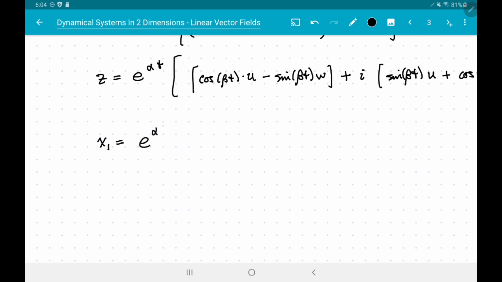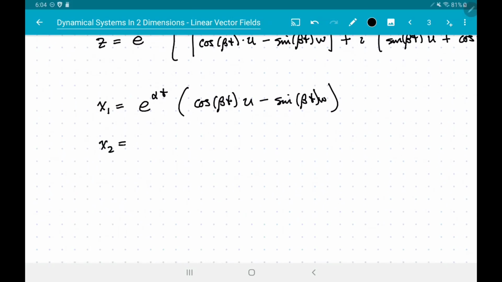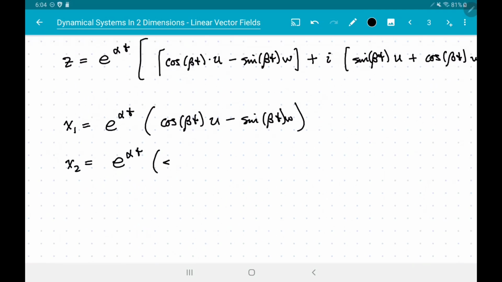So let me write this: e to the alpha t times cosine beta t u minus sine beta t w, and the imaginary part is e to the alpha t sine beta t u plus cosine beta t w.